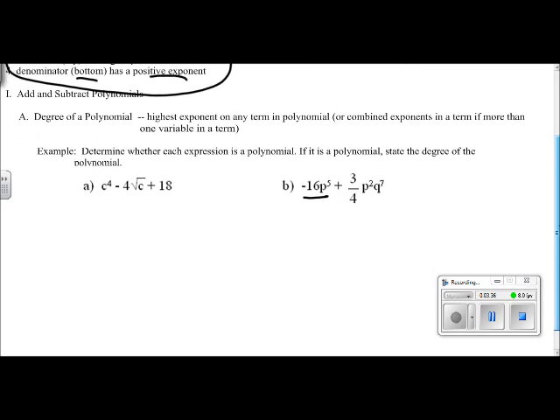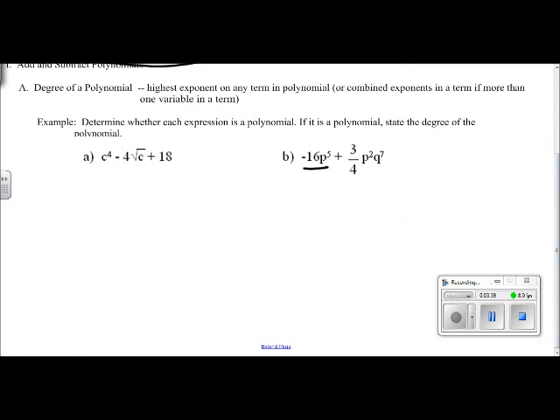So again, on one like this, you start by saying it is a polynomial, and then we need to look at the degree of each term. We look at our first term here, the negative 16 p to the 5th. We notice that it only has the one exponent, that's 5. So this is of degree 5.